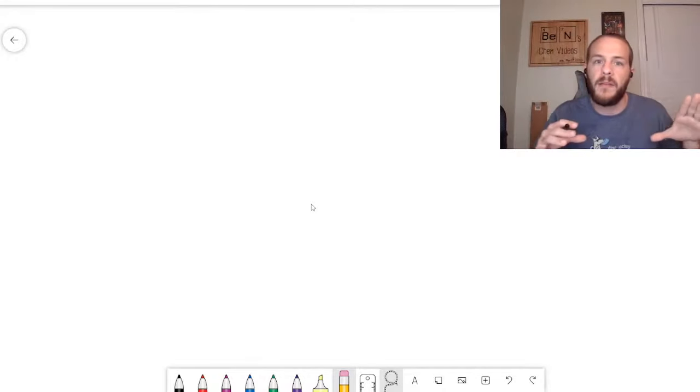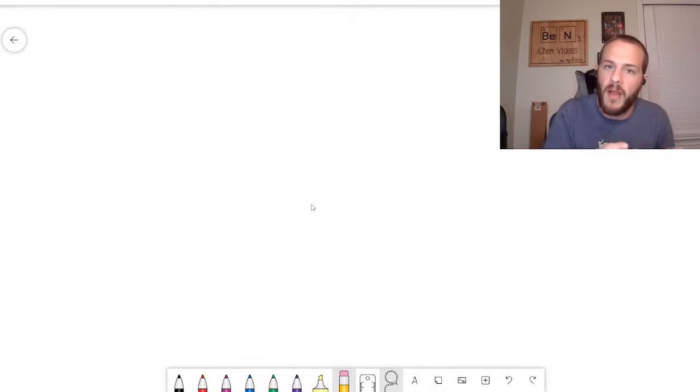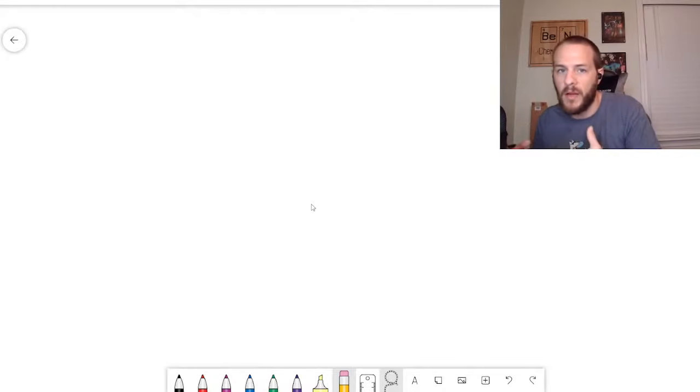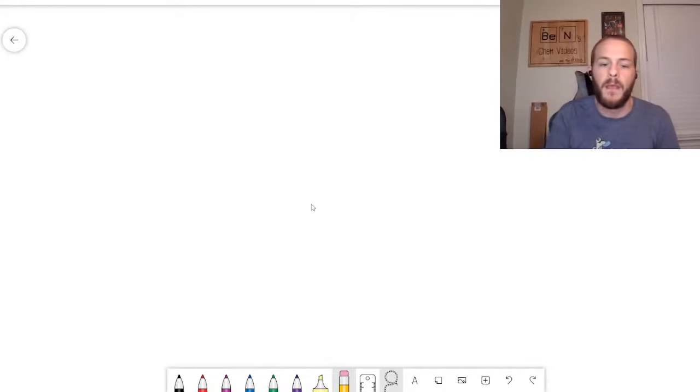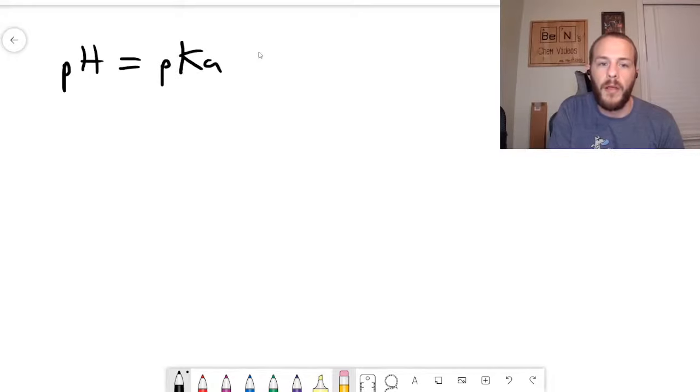The acid can either be 10 times less concentrated or 10 times more concentrated, between that range in values, in order for it to be an effective buffer. Let's say we use the Henderson-Hasselbalch equation to describe that. It would be pH is equal to pKa plus the log of the concentration of base over acid, right?